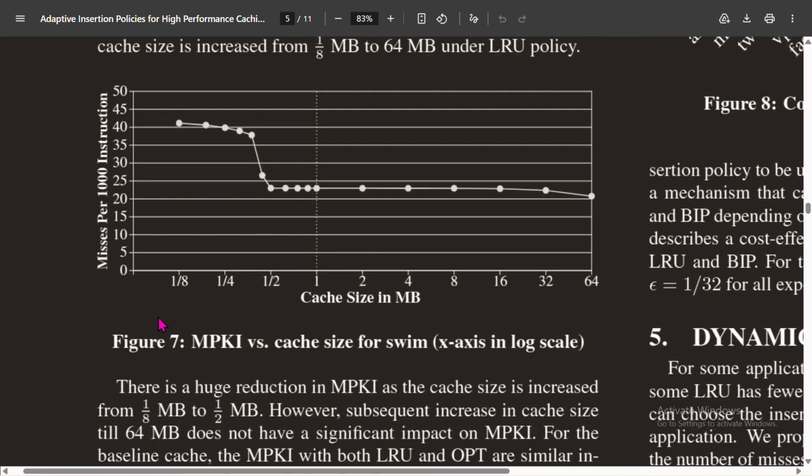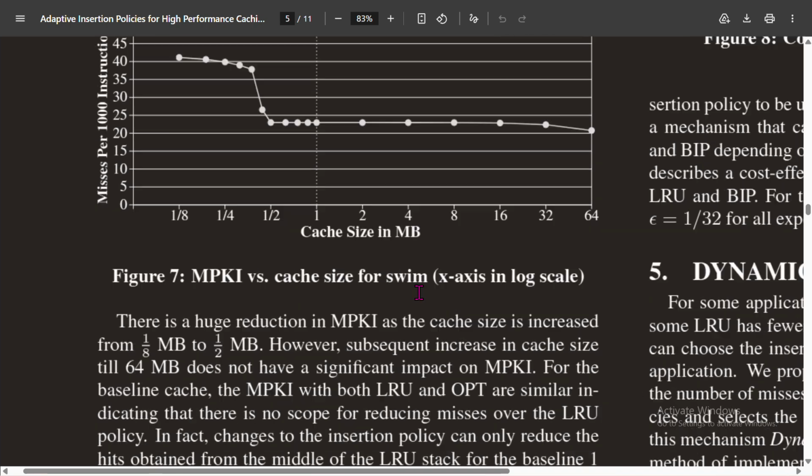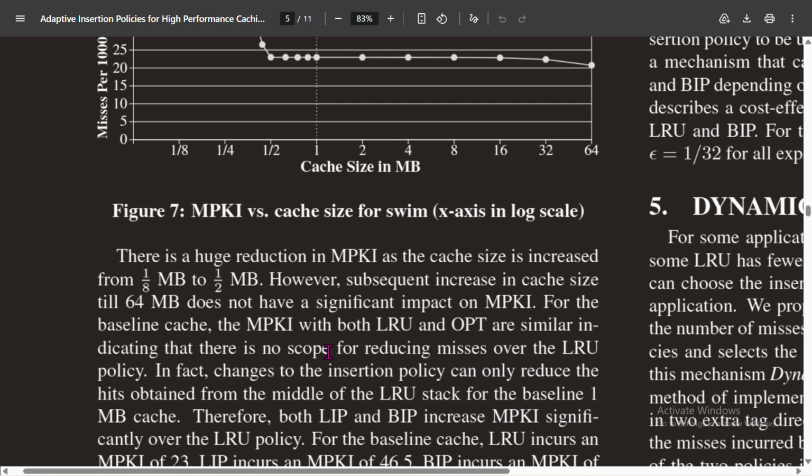As we can see in the graph over here, as the size of cache is increasing from 1/8 to 1/4, there is not much change, but at 1/2, there is a huge reduction. But increasing it further is not having much effect after 1 MB.